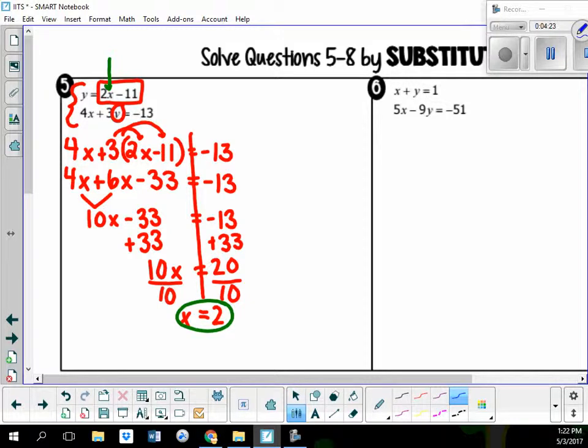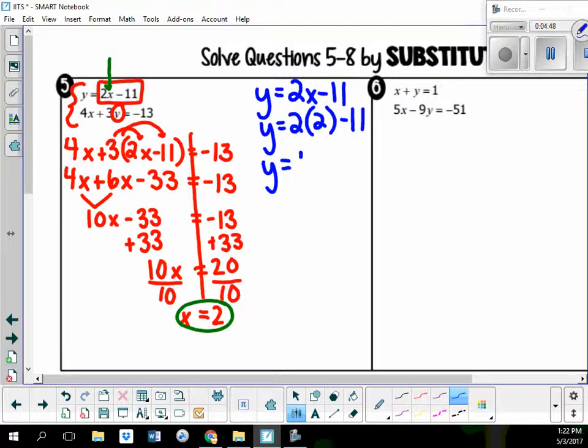I have y equals 2x minus 11, but since I know the value of x, I'm going to say y is equal to 2 times 2 minus 11. Solve from there. Y is equal to 4 minus 11. Y equals negative 7.